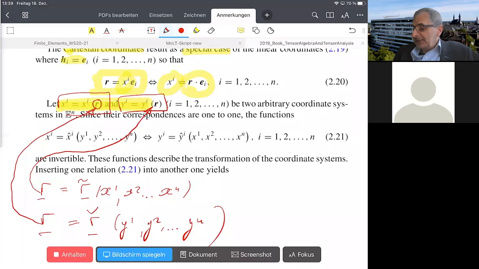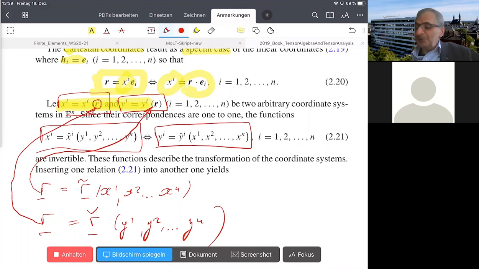So I have two different possibilities. If I do it the first way and put here instead of r this expression, I get this formula. So I can express my coordinates x as a unique function of other coordinates y. We call it a coordinate transformation. Or in the second case, vice versa, I get my coordinates y as a unique function of coordinates x.